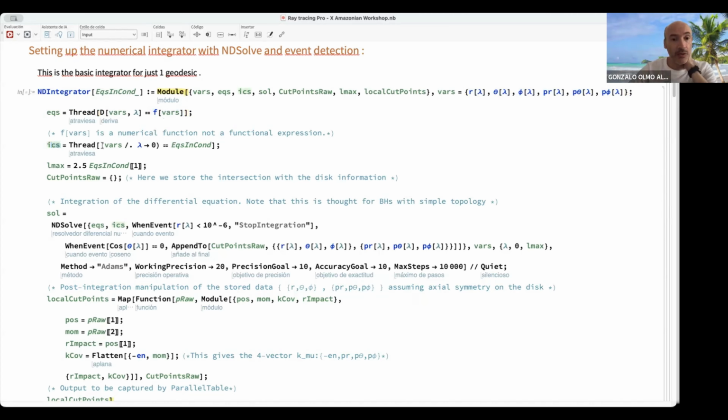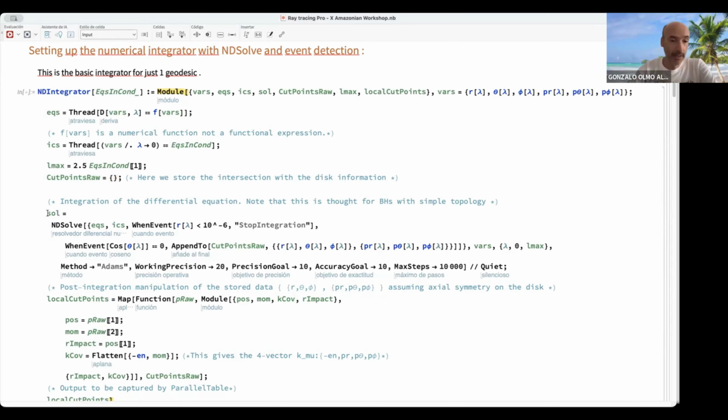The initial conditions are defined the same way as before. When lambda is 0, we take this input data that comes from here. And then the maximum affine parameter is set to 2.5, but it could be 2 or even less. Cut points row is the same as before, an empty set where we will store the information of the intersection of the geodesics with the accretion disk.